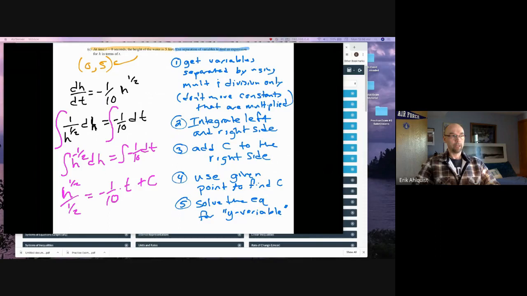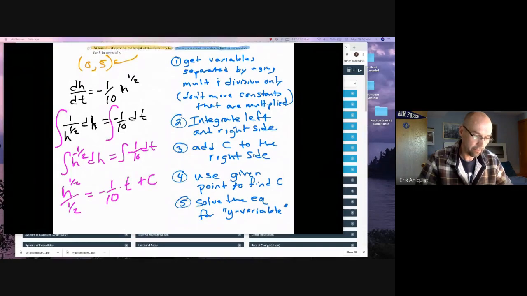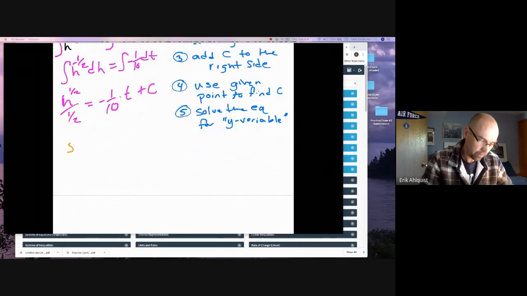Okay, now we're going to use the point we were given, which was 0, 5. We're going to use that point to figure out what the c value is, so we can go back and solve this expression for the y variable, which in this case is h. So we're going to use 5 for h and 0 for t. So this would be 5 to the 1/2.